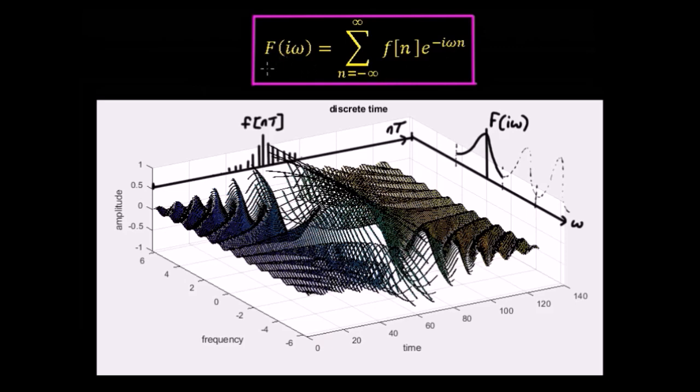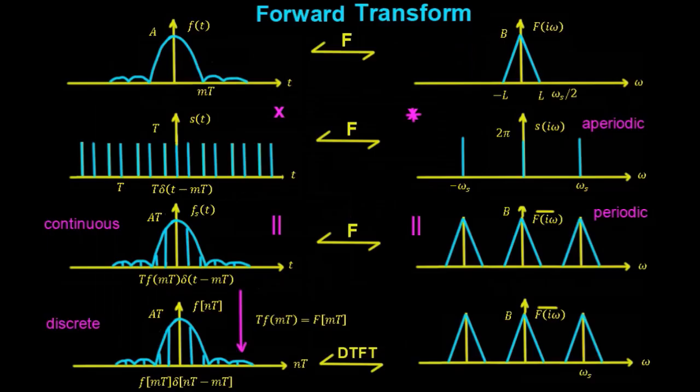So we'll simply be left with the discrete time Fourier transform. We'll have F of i omega equals the sum from n equals minus infinity to infinity of f of n times e to the minus i omega n. And this is the general kind of format that you would tend to see the discrete time Fourier transform written in. So let's look at a forward transform.